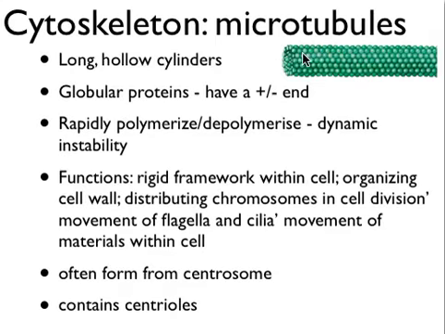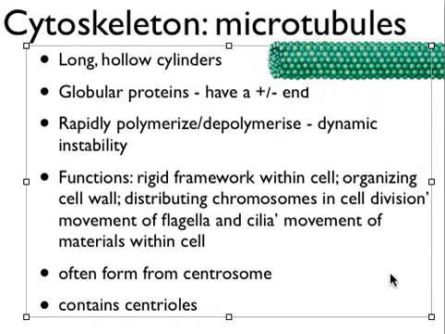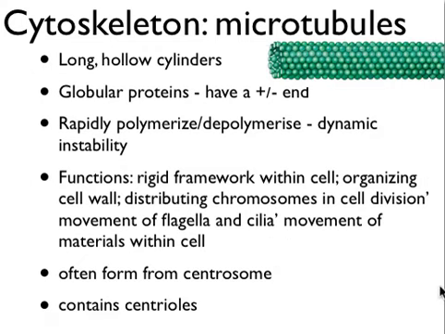And then the microtubules, which are pretty much like this, they are long, hollow cylinders. I don't know if you can see here, but they are hollow. They are globular proteins, so they have a negative and a positive end, like the actin. They can rapidly polymerize and depolymerize, so they have this dynamic instability.